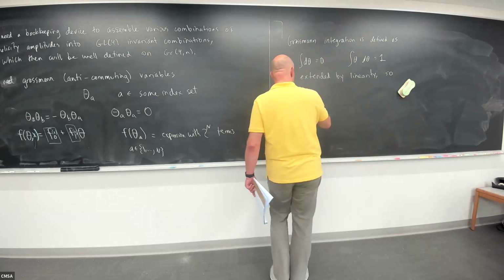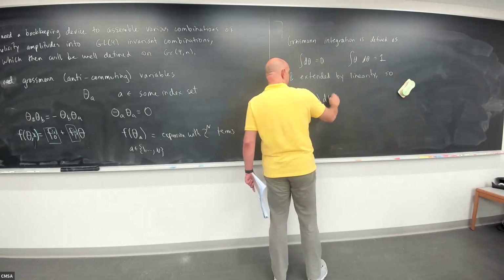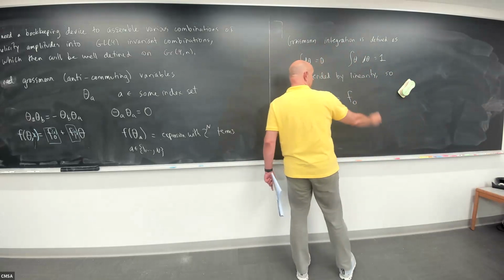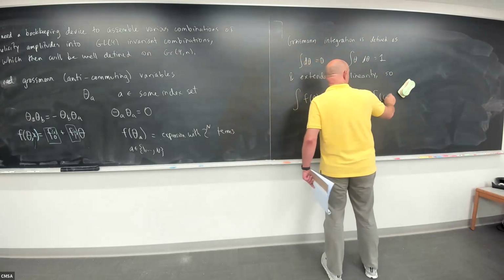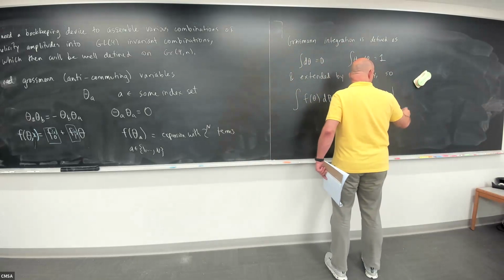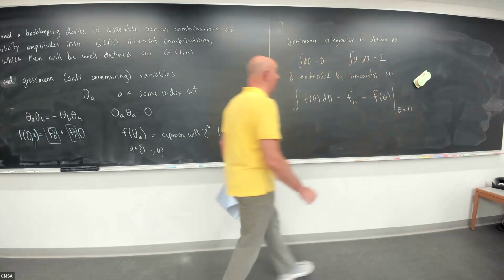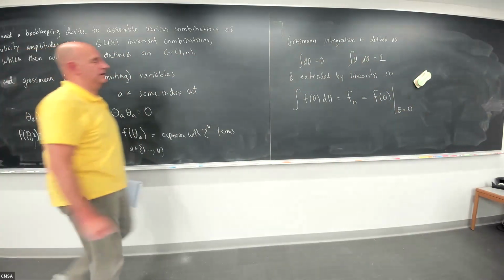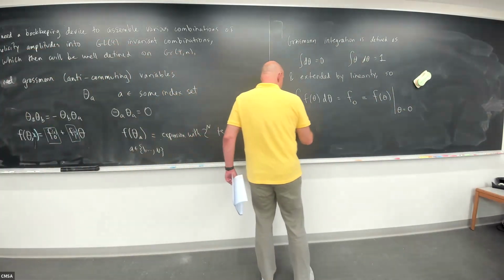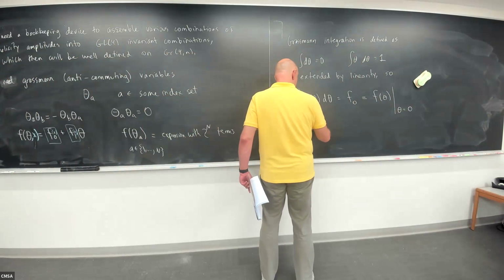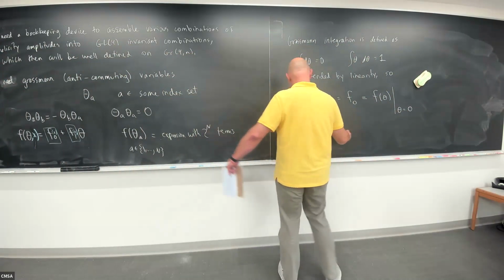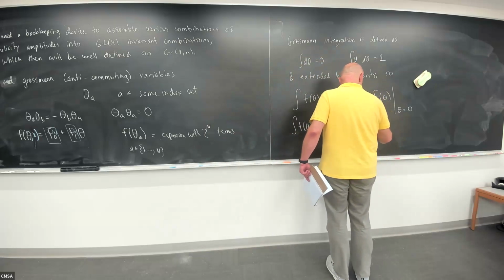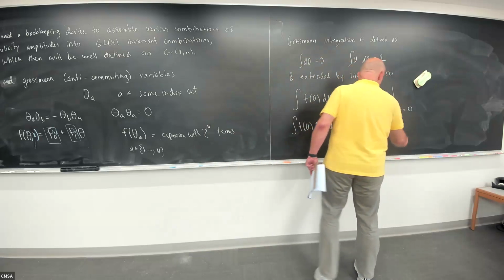Therefore, the integral of f of theta d theta is equal to what I called f0 before, which is equal to f of theta evaluated at theta equals 0. Those are all the same thing. And the integral of f of theta times theta d theta is equal to what I called f1 before, which is df by d theta evaluated at theta equals 0.